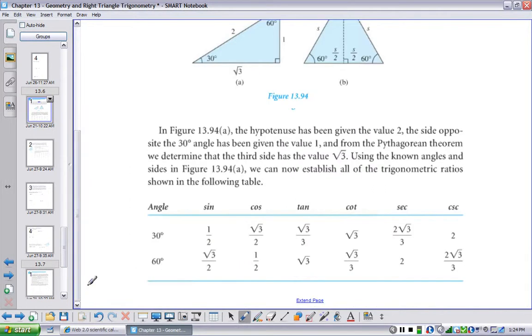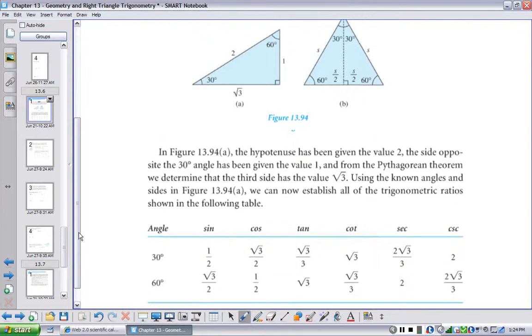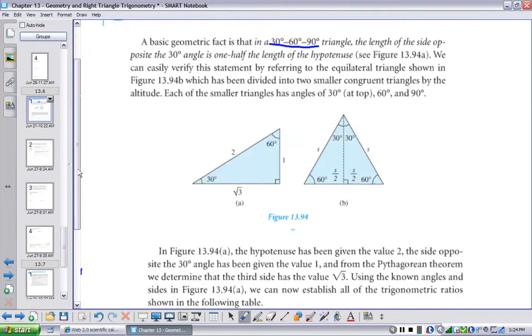We can find the values of the angles, for example, of a 30 degree angle. Suppose we have this picture here where one leg is 1, the other leg is square root of 3, the hypotenuse being 2.